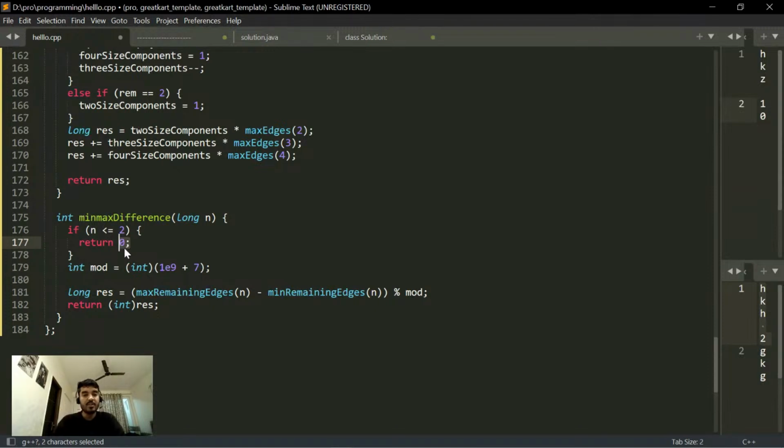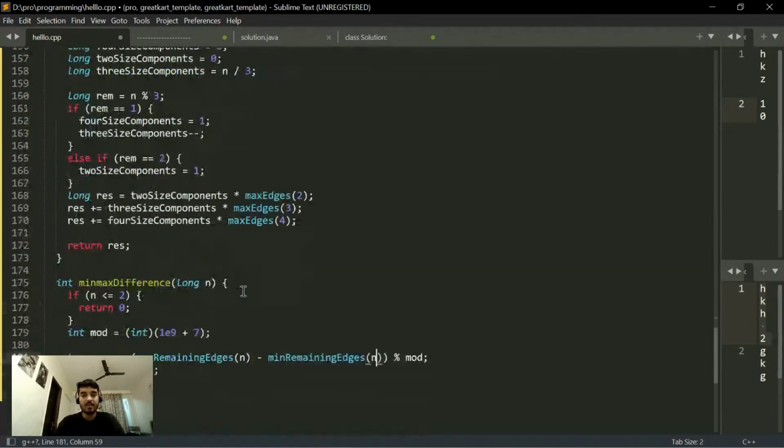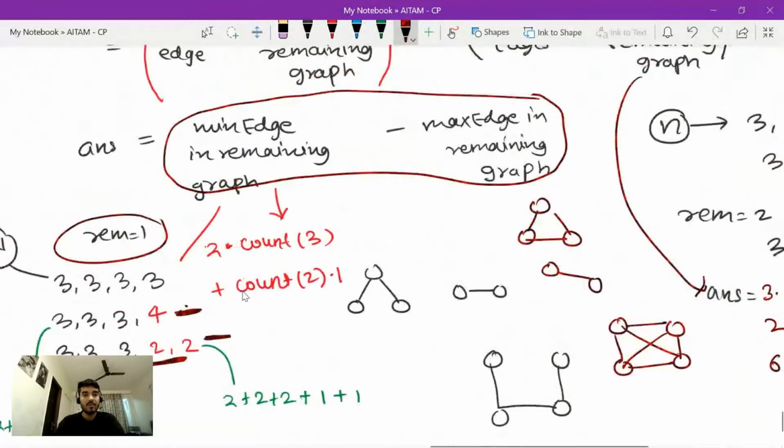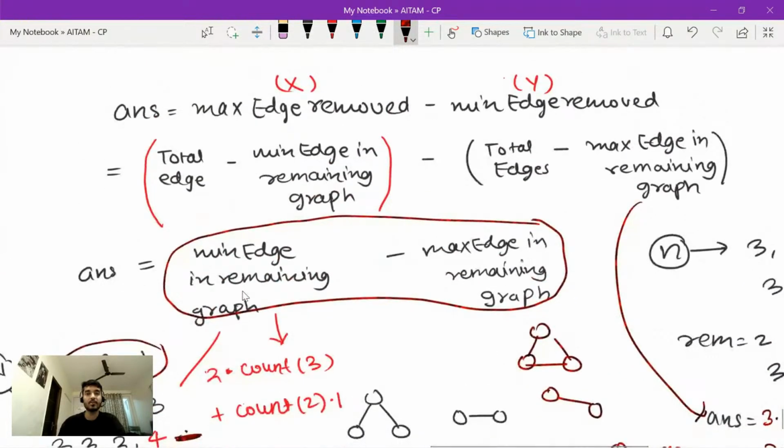Cool. So this is my mod, and this is my value of x, the maximum remaining edges, and this is the minimum remaining edges. So x minus y will be my answer. So this was my y, and this is my x.